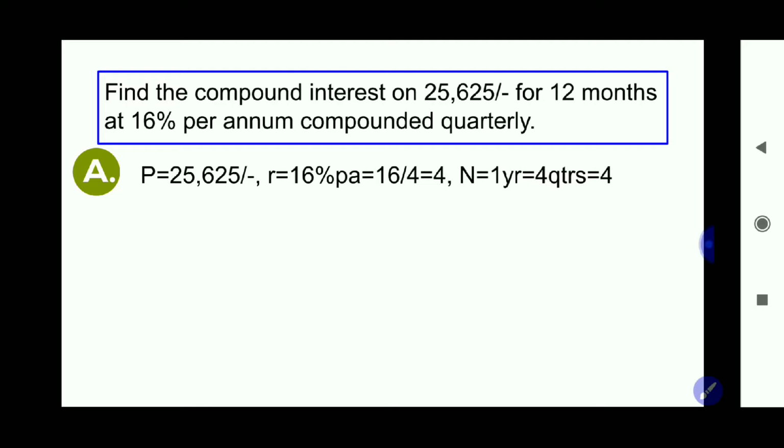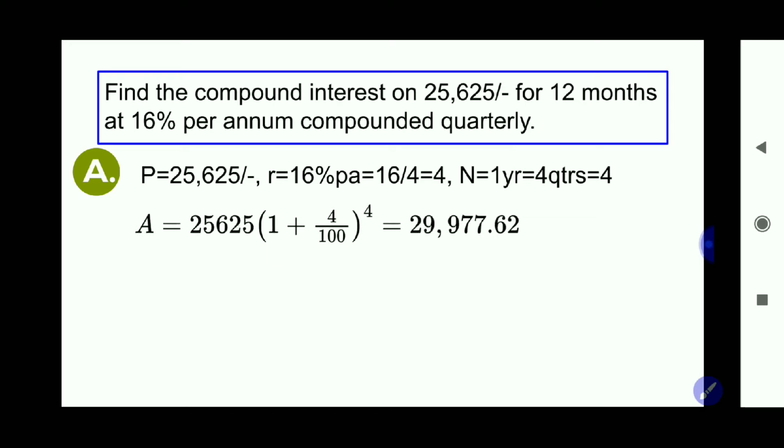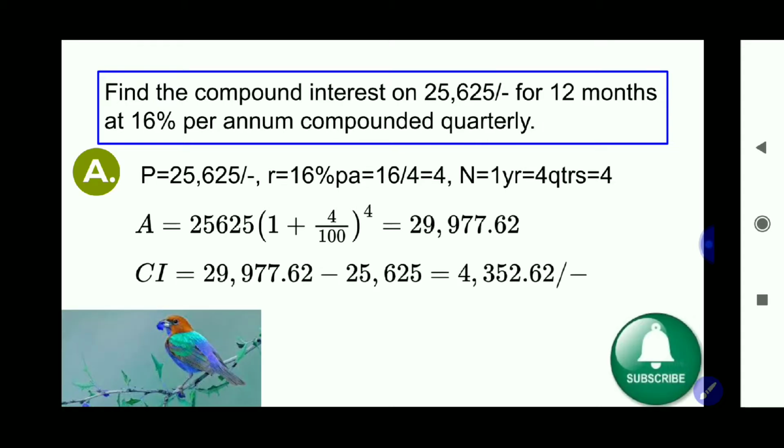Number of terms: it is given 1 year. Year has 4 quarters. So here N is 4. So the formula A is P into (1 + R/100)^N. By simplification we get 29,977 rupees 62 paise. So compound interest is 4,352 rupees 62 paise.